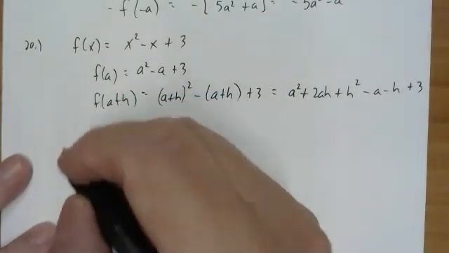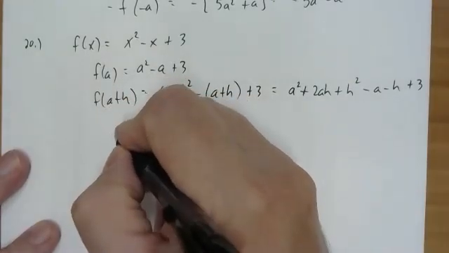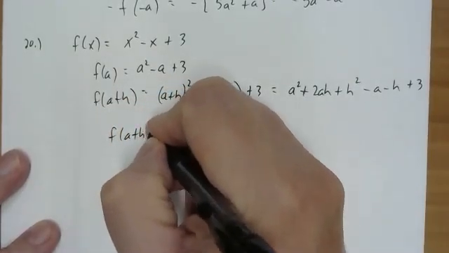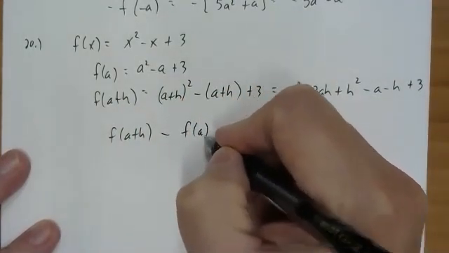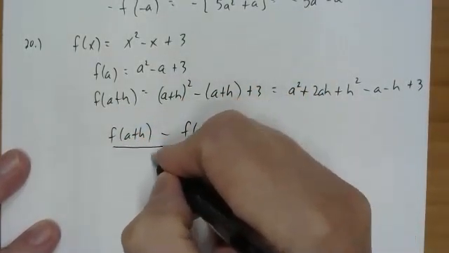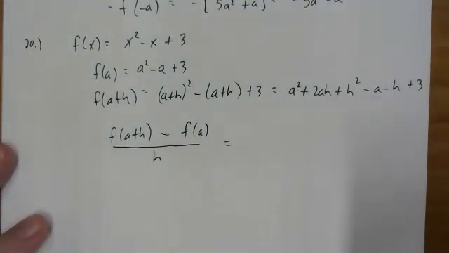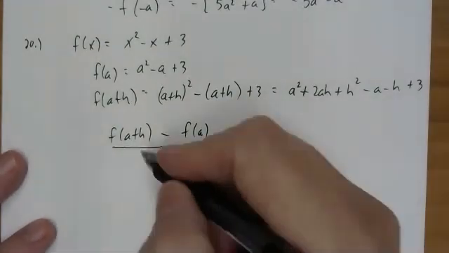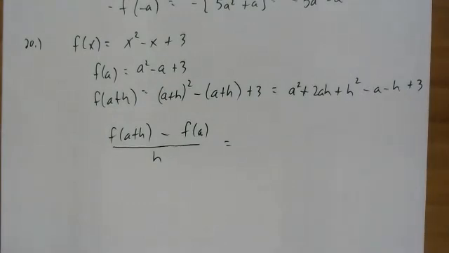So now the last part is what's called the difference quotient. It's f of a plus h minus f of a, all over h. So here is f of a plus h, this big monstrosity.